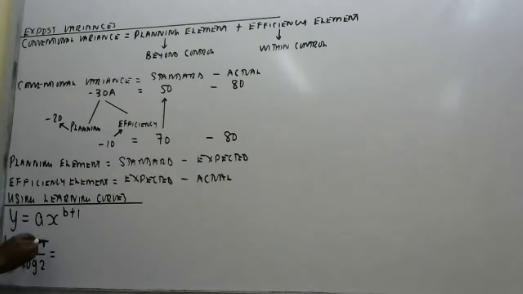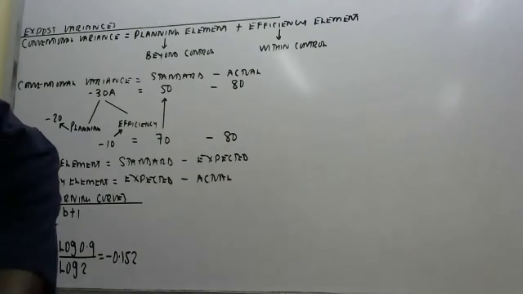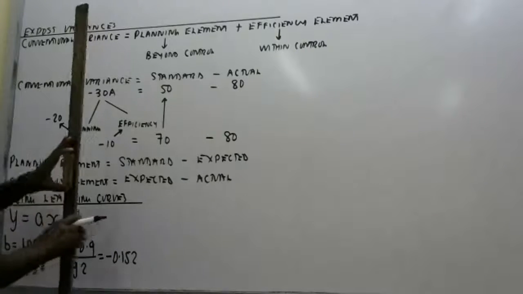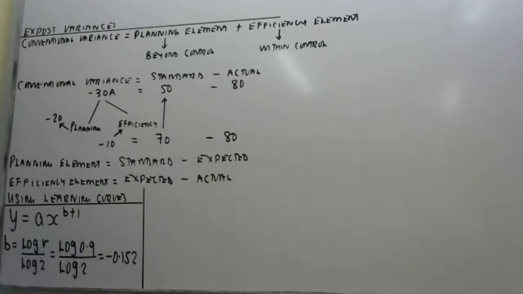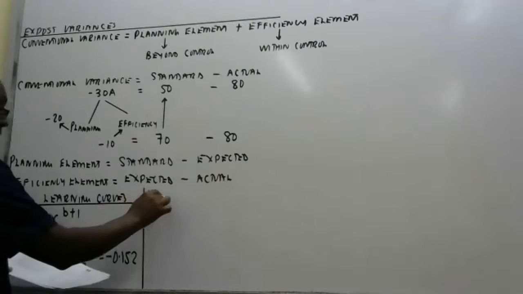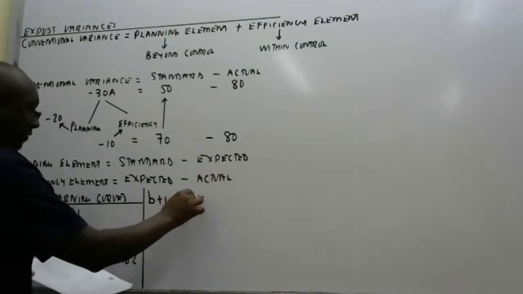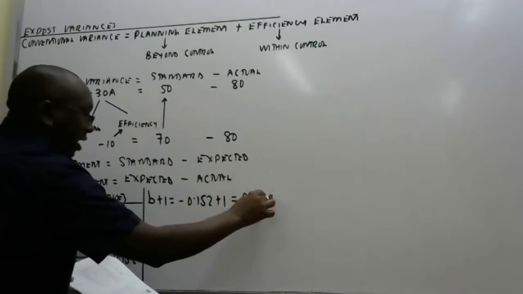So this is the log of 0.9 divided by the log of 2, which we are already told is minus 0.152. So b plus 1 should be minus 0.152 plus 1, and that should be 0.848.